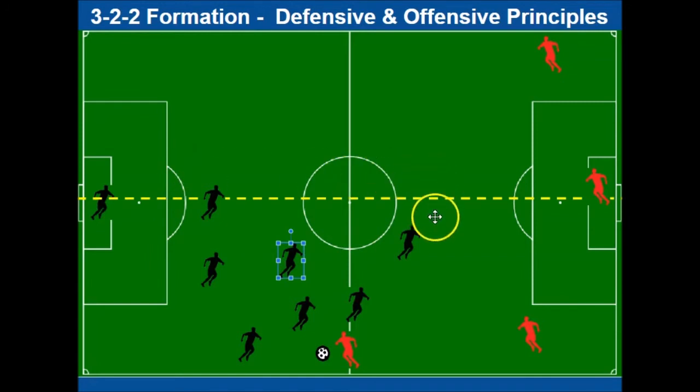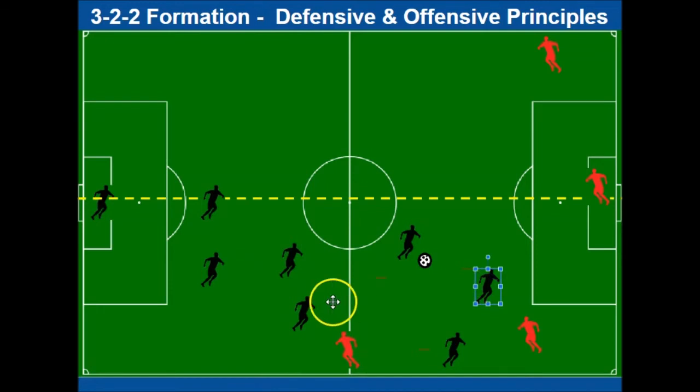So again, we are filling in that quarter of the field, and we're looking to be compact. And as soon as we win that back, allez, we go. And that fullback can go, the other center forward can go, and the midfielders can go, and we're looking to eliminate defenders and attack and get in behind them. Okay?